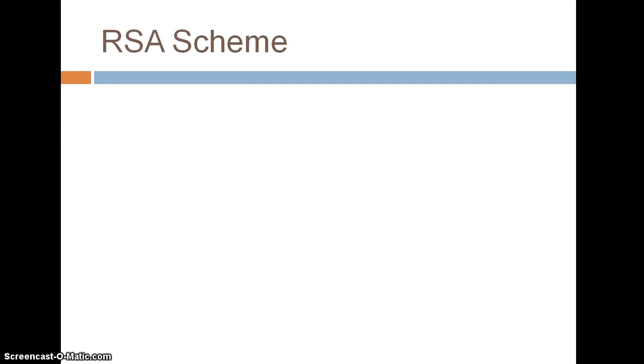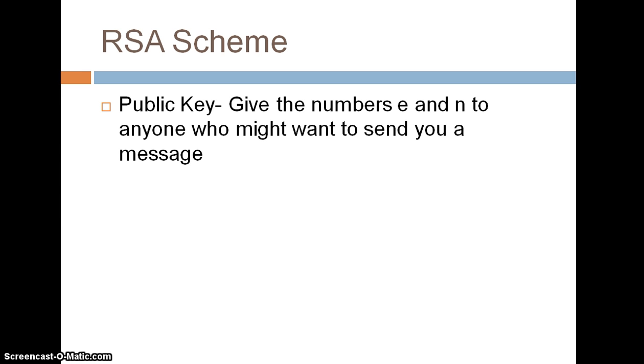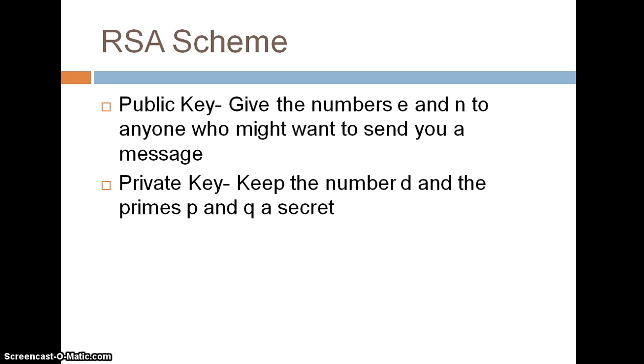The way the scheme works is, like I said, you have a public key, which would be the numbers E and N that you give to anyone, you could publish online, whoever wants to send you a message. Then you have a private key, which would be the number D and the primes P and Q, which you would keep secret.